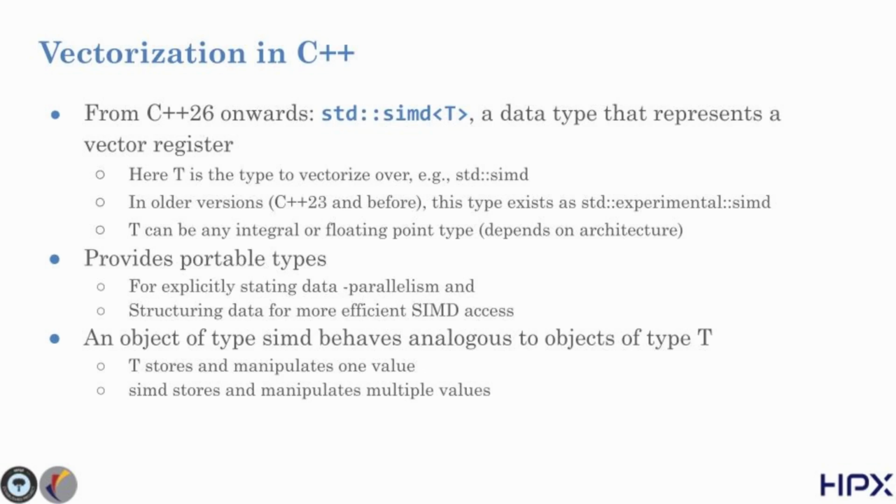In the end, an object of type simd<T> behaves analogous to a scalar T. SIMD stores and manipulates many values. You can think of it as a struct that contains 4 or 8 T values, depending on what the architecture supports. All operators are overloaded so that your code generates efficient vector instructions without needing any assembly code.